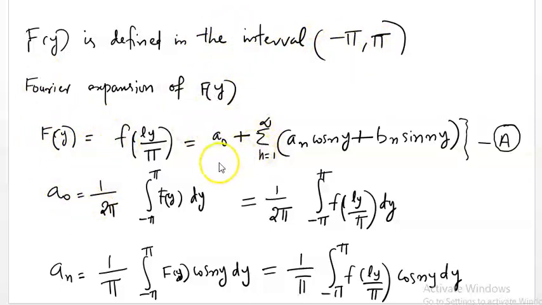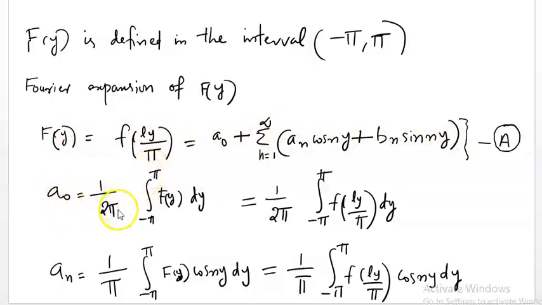By our original definition for a function in the interval minus pi to pi, this F of y, given by a0 plus sigma n equal to 1 to infinity an cos ny plus bn sin ny, is small f of Ly by pi.